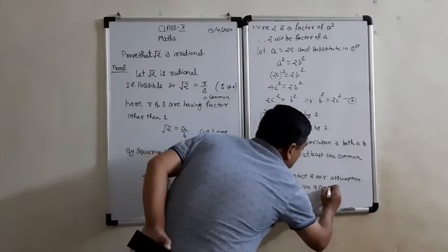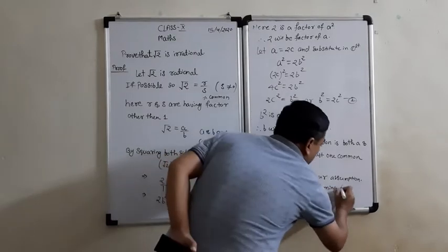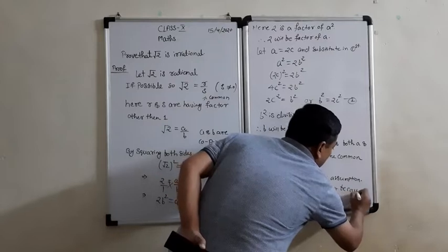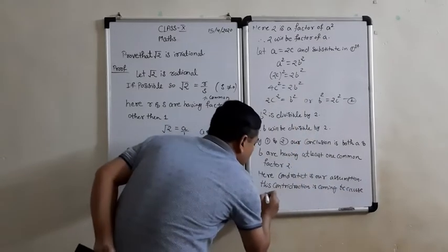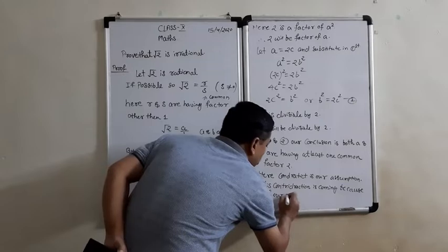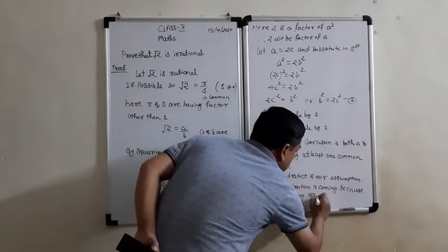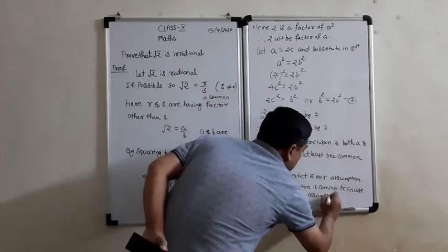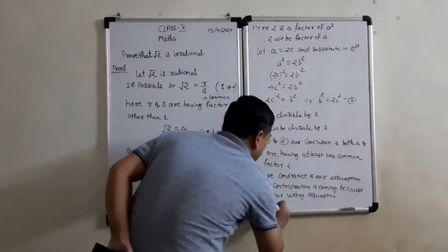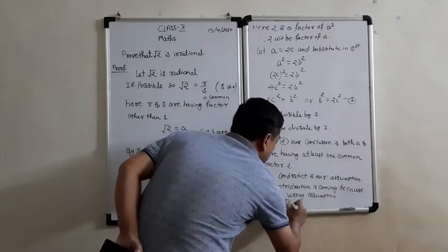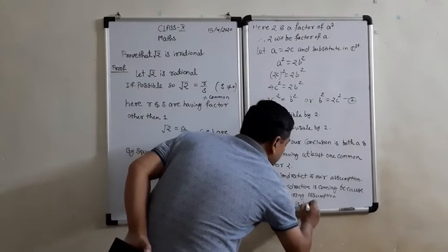This contradiction is coming because of our wrong assumption. So therefore root 2 is irrational.